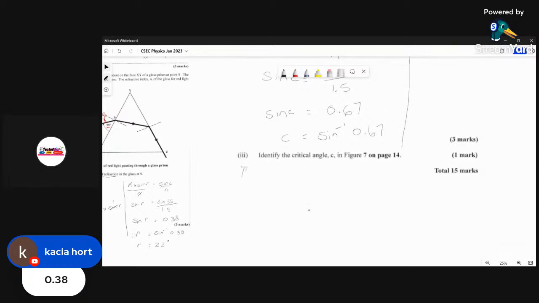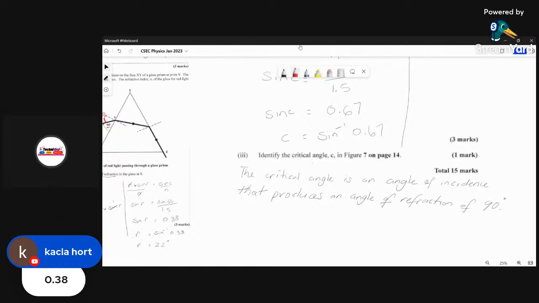So the critical angle is an angle of incidence, and I'm going to underline that part, that produces an angle of refraction of 90 degrees.